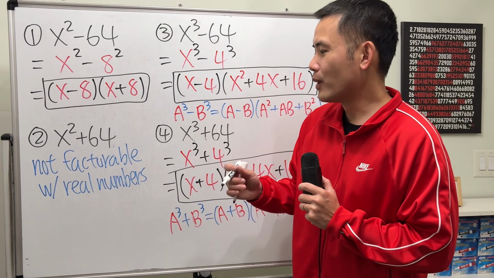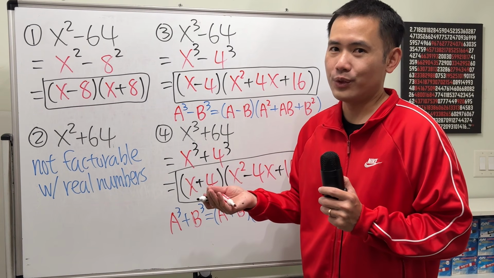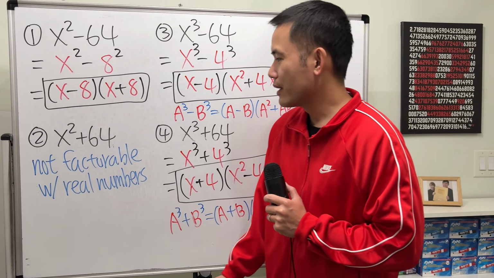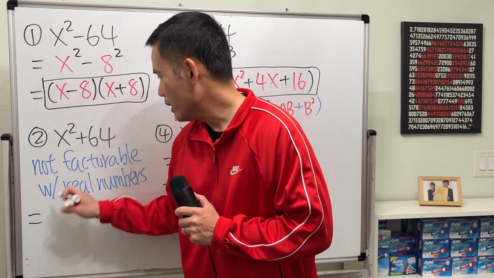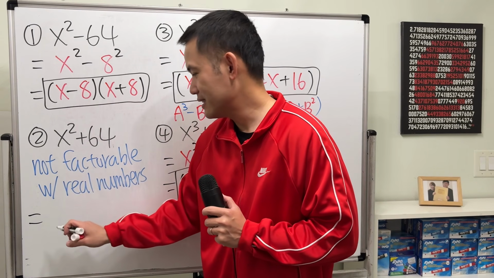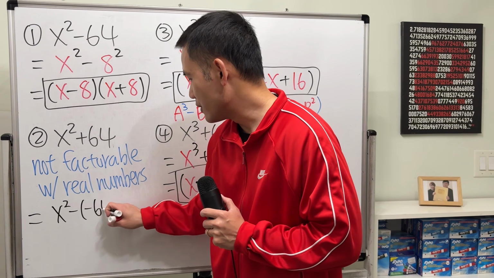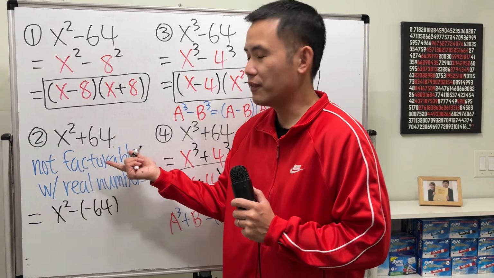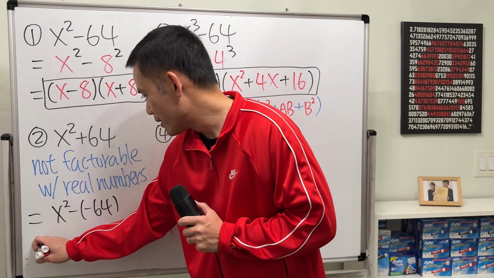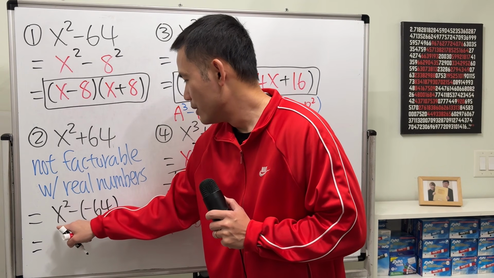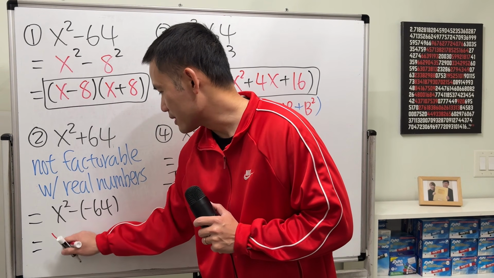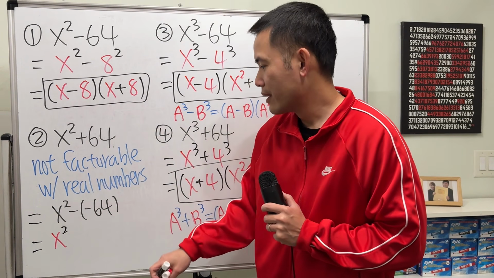Alright, so finally let's do this one right here. This is not factorable with the real numbers, but what if we try the complex numbers? Well, to do so, we can purposely look at this as x squared minus negative 64, because minus a negative still gives us a positive. Now, here is the deal. Something squared gives us x squared, which is just x squared, minus.